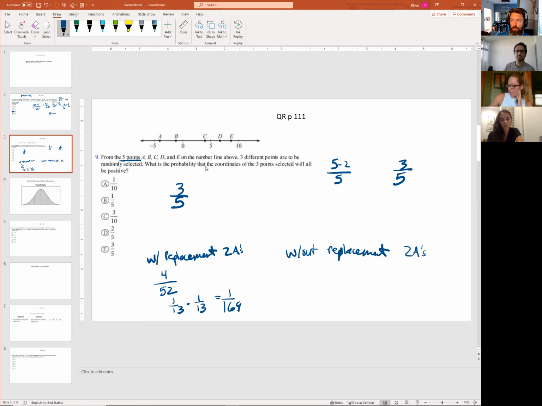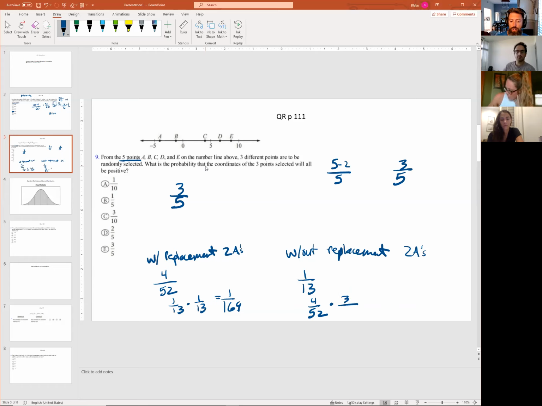So what about without replacement? Well, the first option is the same because we got a 1 out of 13 chance, or let's say 4 out of 52 chance of drawing an ace. But after we've done that, if we're not replacing it, how many aces are left in the deck? Jordan, how many aces are left in the deck? 3.